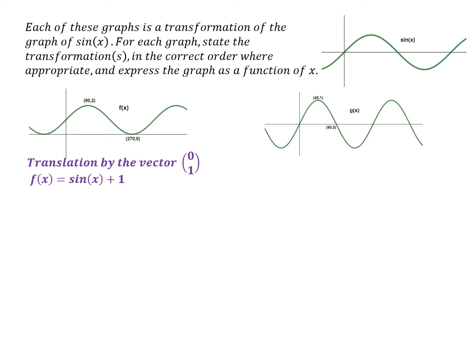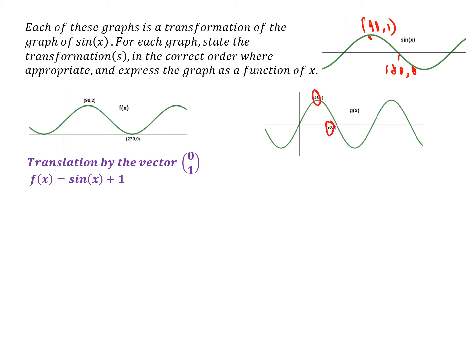Now what's happened with g of x is the point that would normally be here, 90, 1, has been changed to 45, 1. And the point that would be here, 180, 0, has gone to 90, 0. So the x values have both been multiplied by a half.